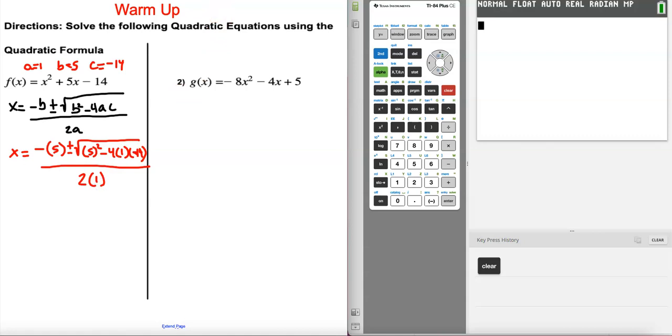Now I simplify this, where I get x is equal to negative 5 plus or minus the square root of something, divided by 2.